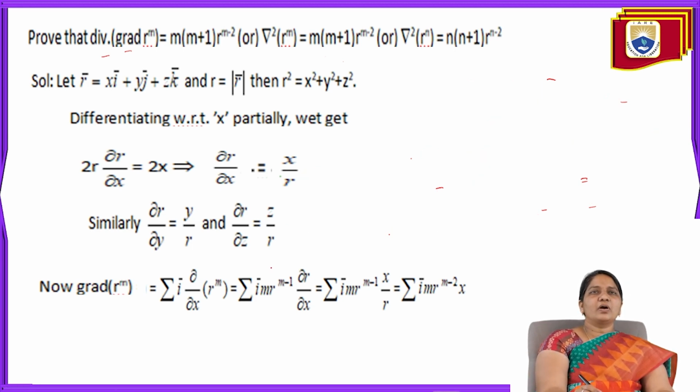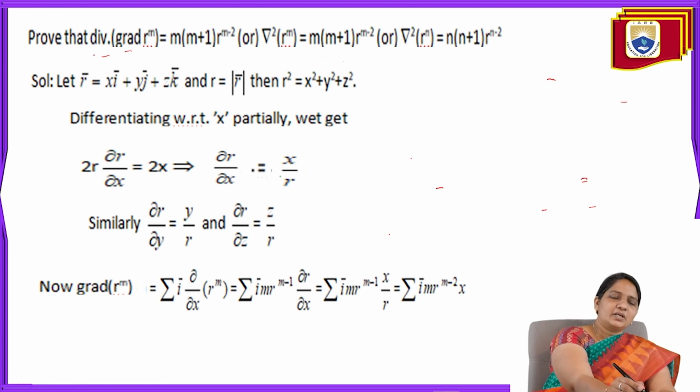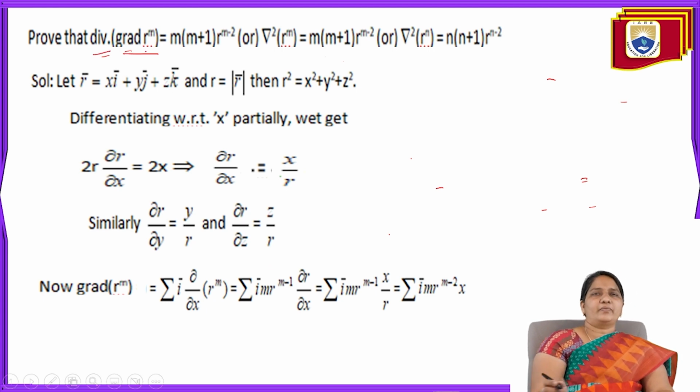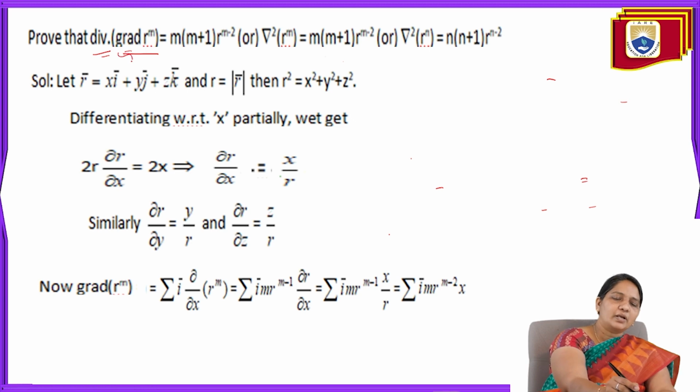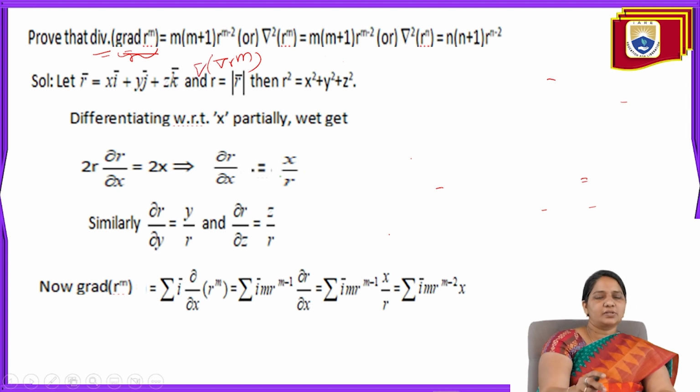So first of all, what we have to calculate here is the divergence of grad r^m. So first we will calculate grad r^m or del r^m. After that we can use the divergence.